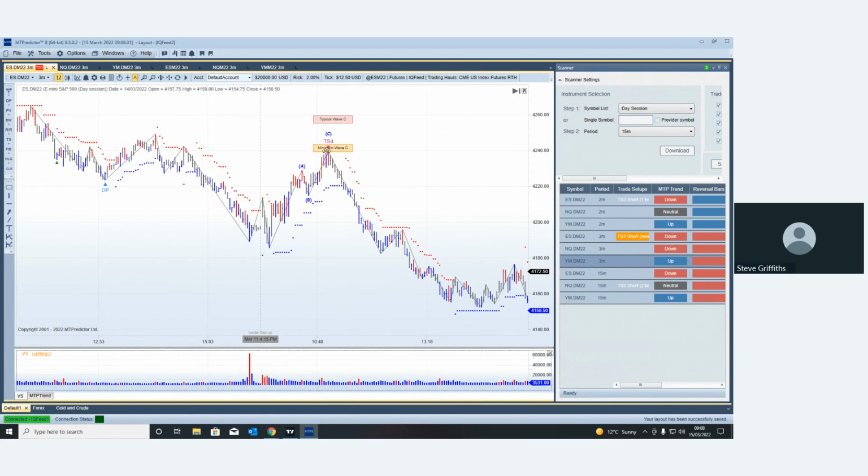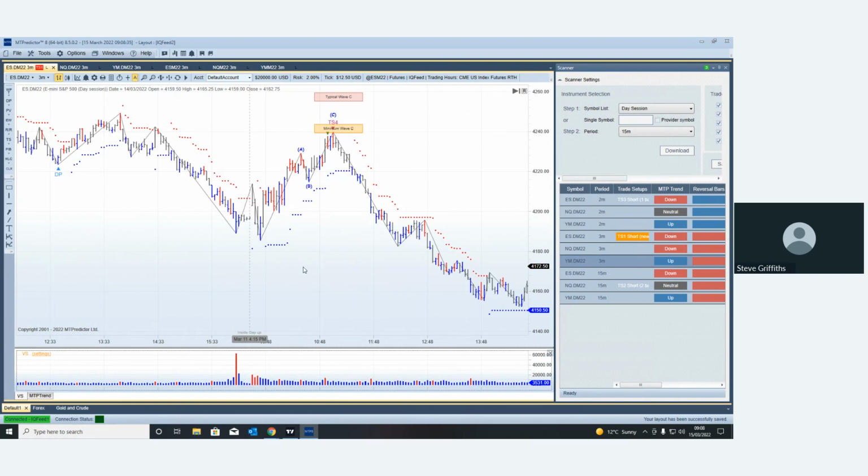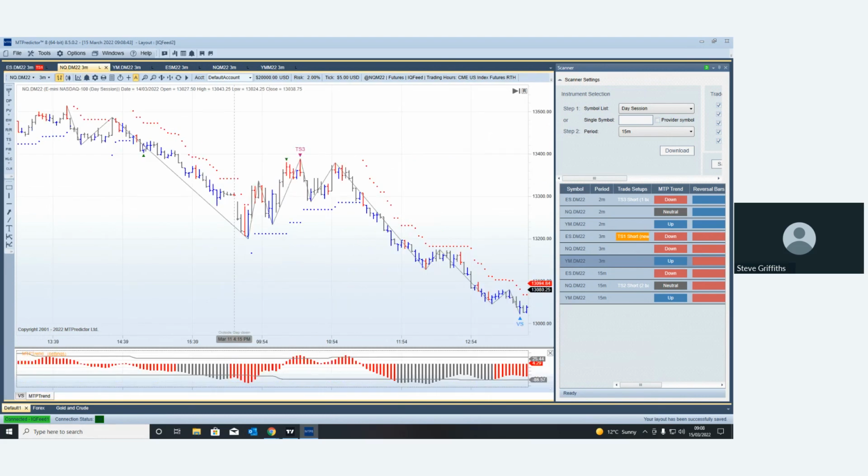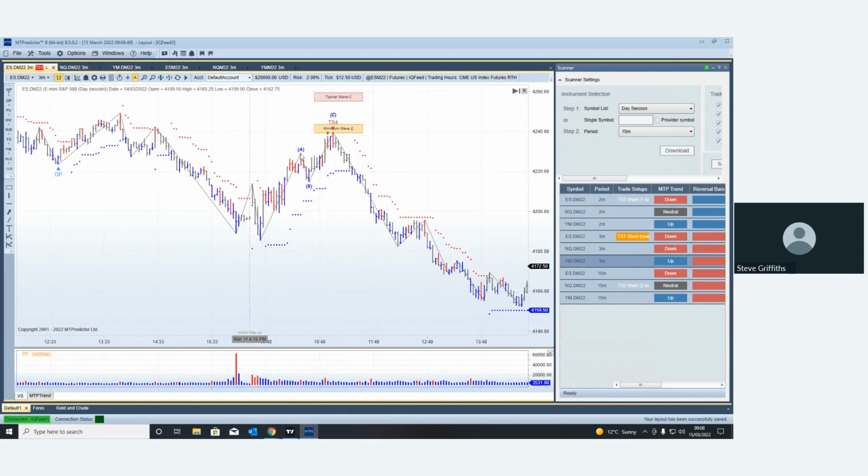You can see it is a correction relative to the prior trend going down, but it wasn't found by the software because of this pesky little pivot here. So can you see that if I go back to the NQ, here you had one continuous pivot, then an ABC. But on the ES, there's the ABC, but here's the previous swing.